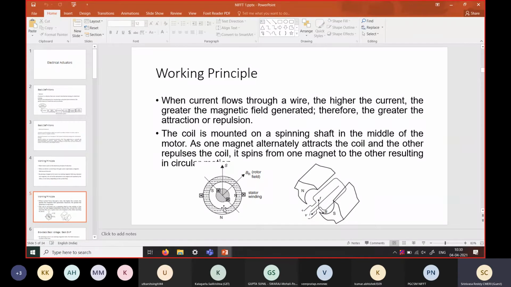So this winding will be subject to anti-clockwise rotation.